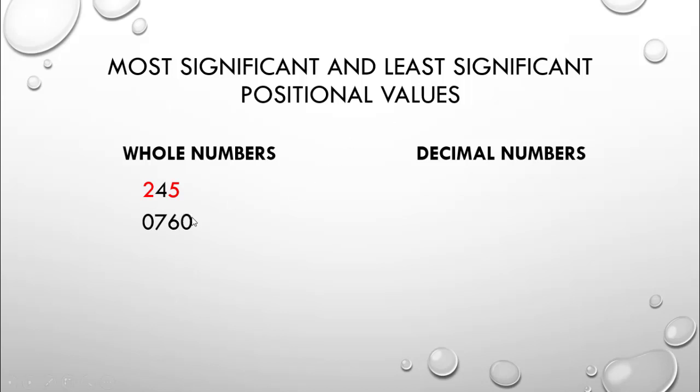At the end here, I have a 0, but still it should be considered as the least significant because we are not considering the 0 law here. But here there's a 0. We are not taking this 0 because we are looking at the 0 law when you are looking at the leftmost one or the most significant value. So 7 and 0 should be the most and the least significant values.